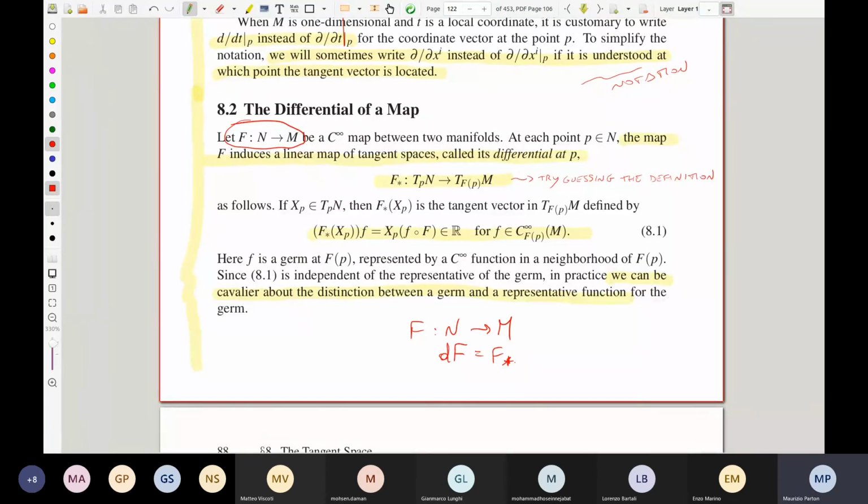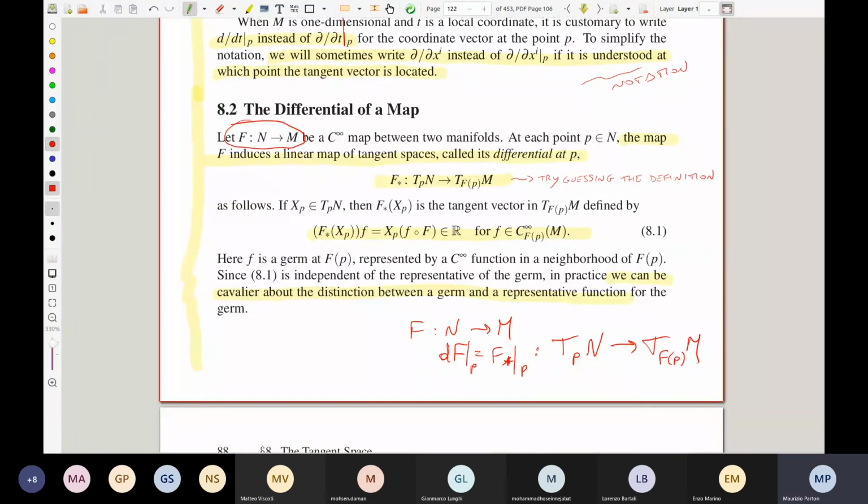This map, let's say in a point P, is a map pushing forward tangent vectors. I told you that you can push forward tangent vectors. So it's a map from here to here, not in P, but in F of P.